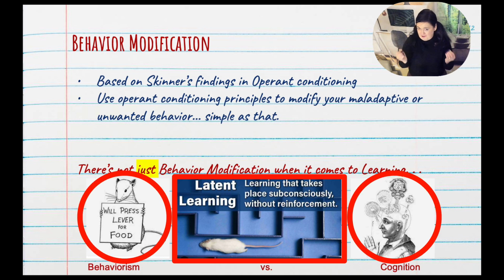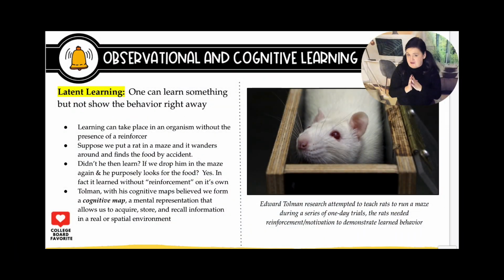Tolman, remember him? He observed that after a rat had run a maze a few times, it would pause at a point of decision, wanting to go left or right, and it would look this way and look that way. It might even turn back for a second, all before making its choice to go on in a particular direction.